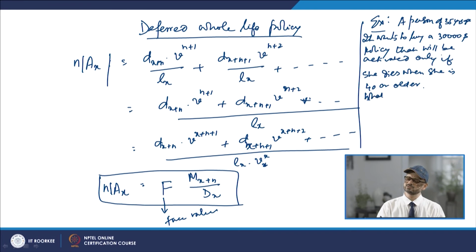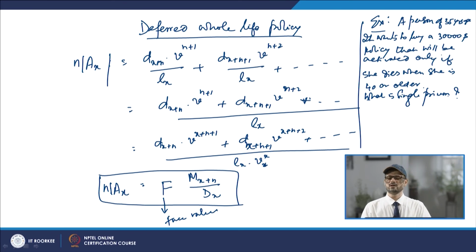If a person who is 35 years of age wants to buy a $30,000 policy, and it will be activated only then, in that case the period of deferment is here 5 years.